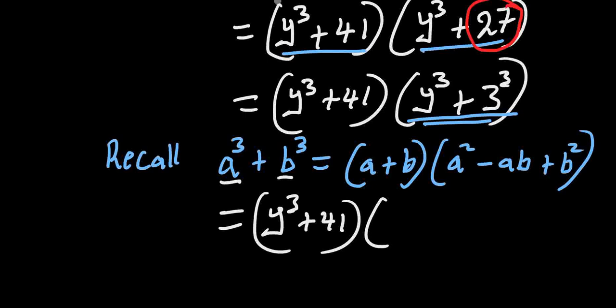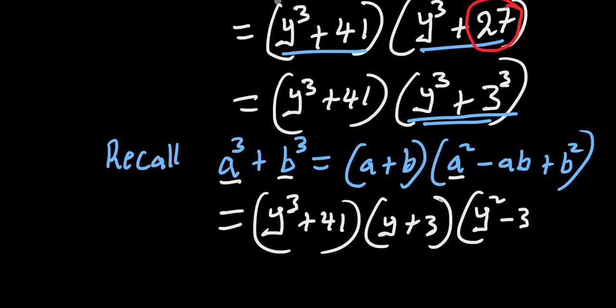And you can see y to the third power plus 3 to the third power, so that will become y plus 3. After that, you have a squared, which means we are going to have y squared here, minus ab, so this will become minus 3y. And then we also have b squared, which means 3 squared, and 3 squared is 9. So plus 9.